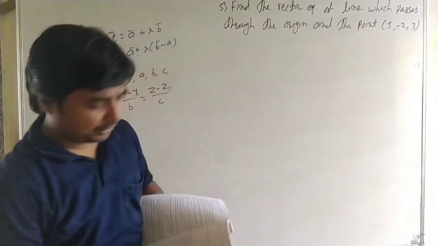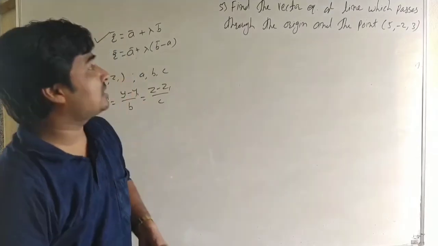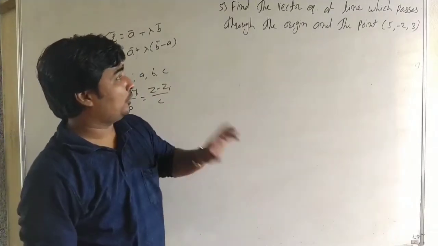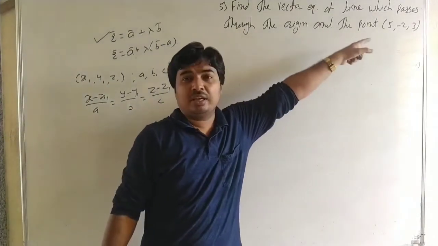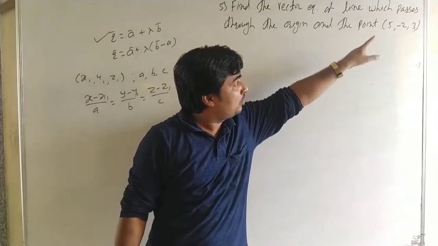Here we want to find the vector equation of a line passing through 2 points, and the 2 points are the origin and (5, -2, 3).